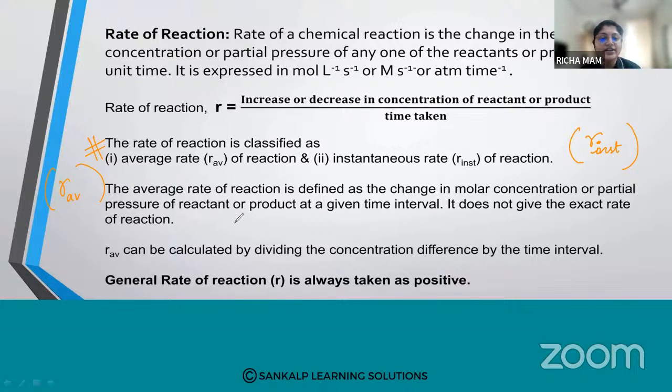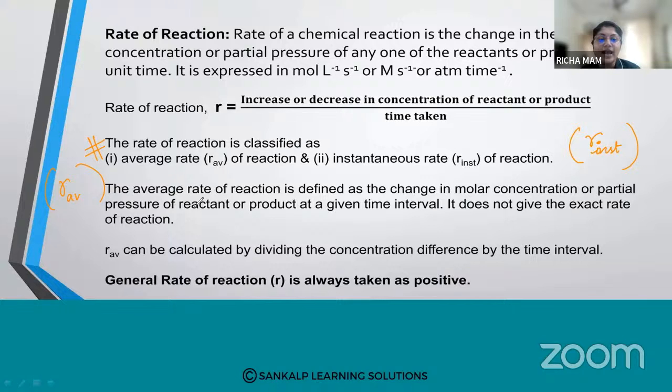The average rate of the reaction is defined as the change in molar concentration or partial pressure of reactant or product at a given time interval. It does not give the exact rate of the reaction.